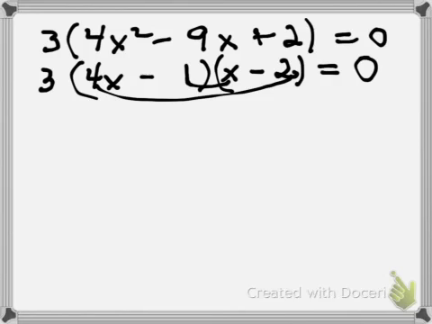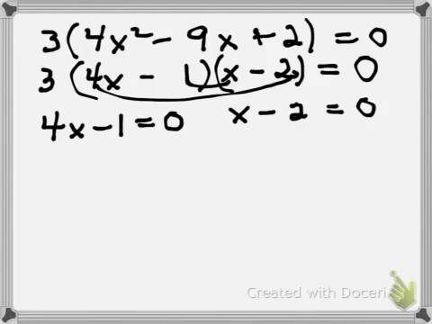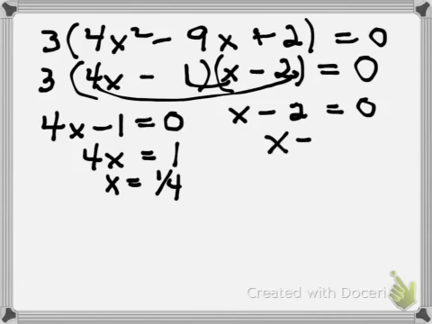I'm not going to set 3 equal to 0, but I am going to set 4x minus 1 equals 0, and x minus 2 equals 0. So 4x is equal to 1, x is equal to 1/4, x is equal to 2. 2 solutions.